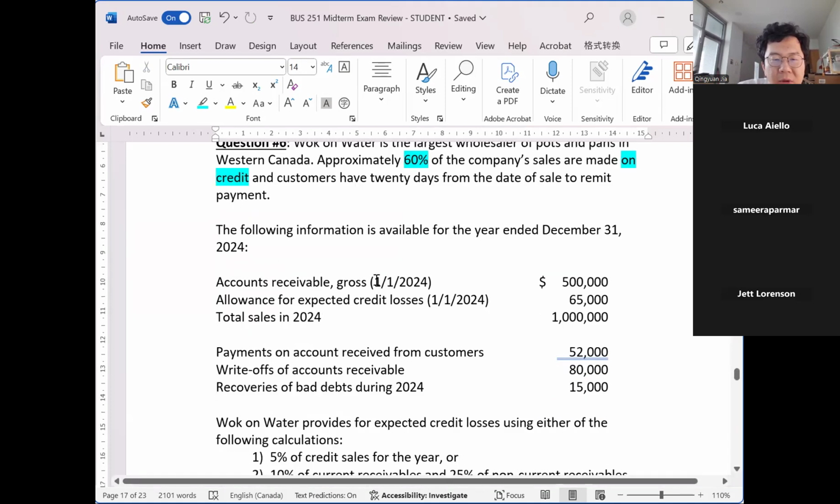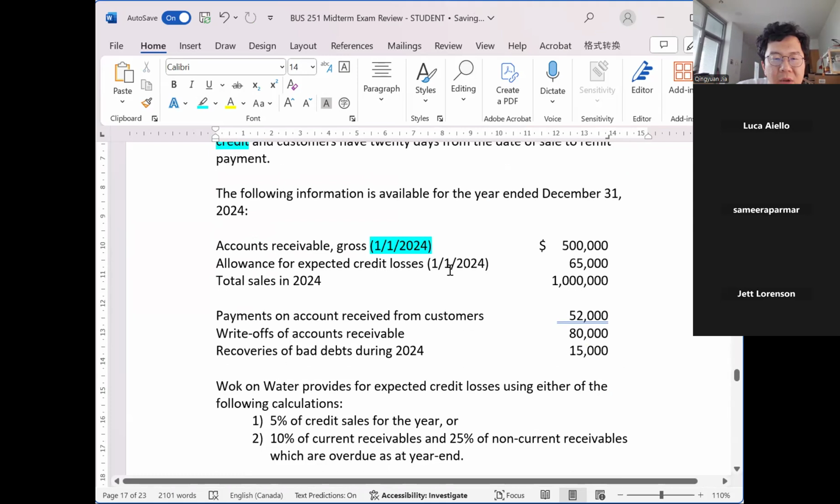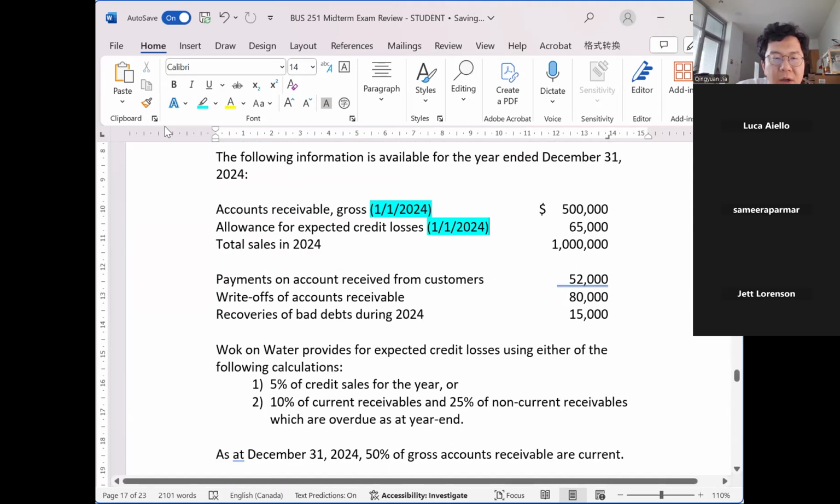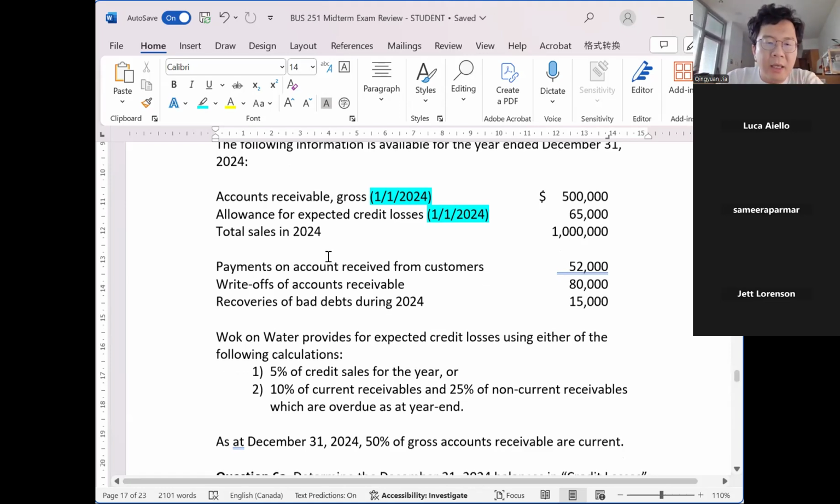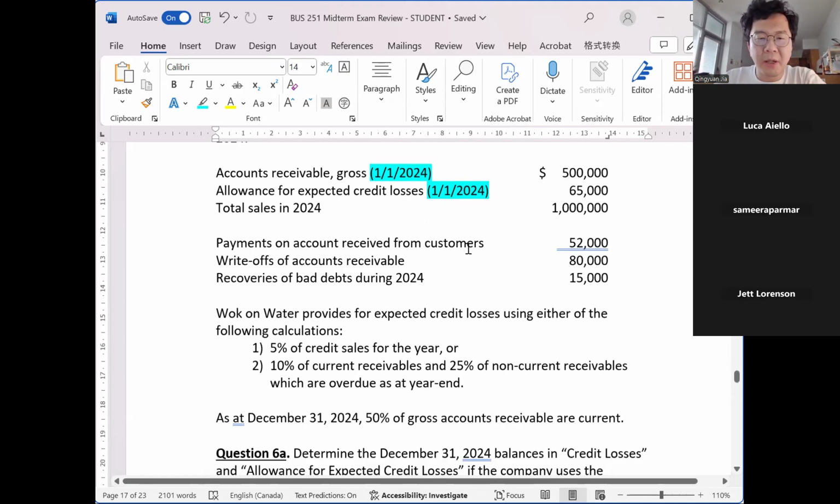Account receivable growth. This is the beginning balance, right? The first day of 2024. Allowance for expected credit loss, and this is the beginning balance. And total sales. Total sales is the sales that you made for the whole year. And payment on account received from customers, so this is the collection of account receivable.